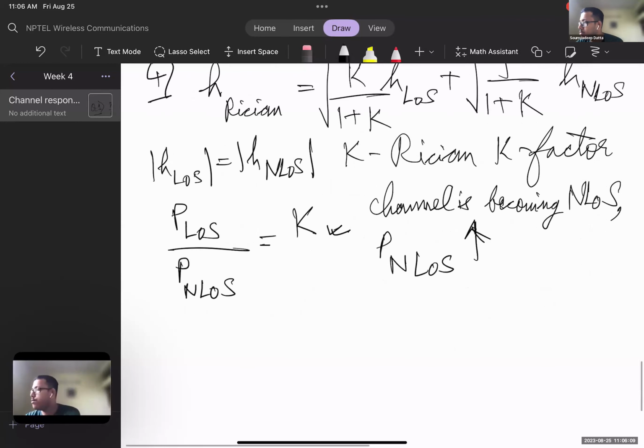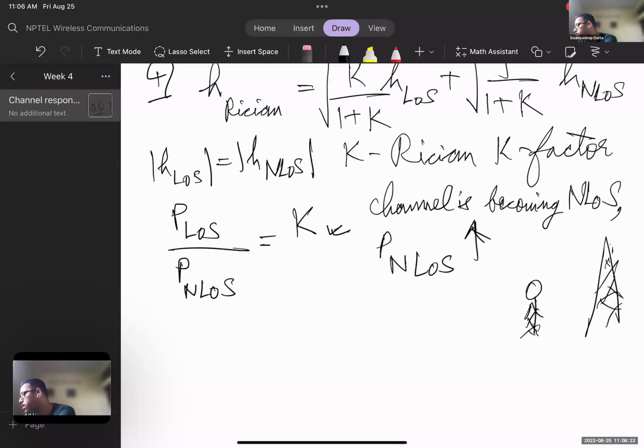You have a pedestrian here. You have a base station here, some kind of tall base station. But then you also have, let's say, a tree, some kind of obstacle in between. So this is your line of sight path, and then this gets obstructed because of the tree, because let's say you've moved too close.